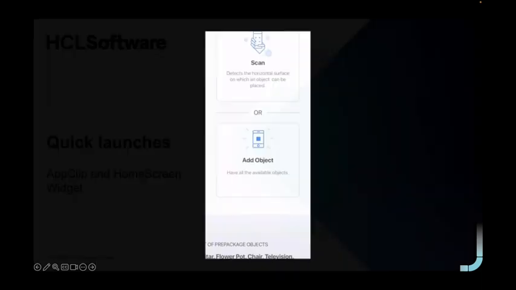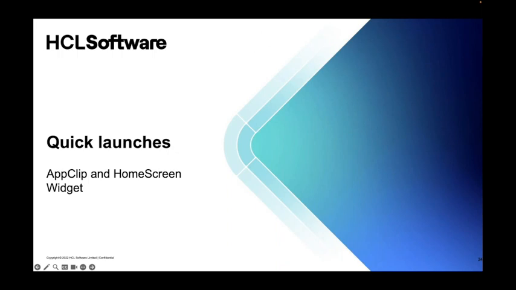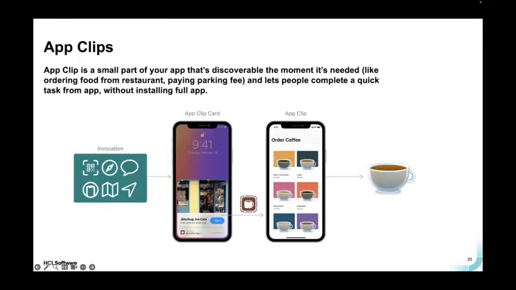So now let's look at some other ways of quickly highlighting or launching specific content from within the app. Okay, so there is a functionality called app clip, which is available, I think, only for iOS. So app clip is basically a part of the application that has been built. It can be discovered right when you want it.